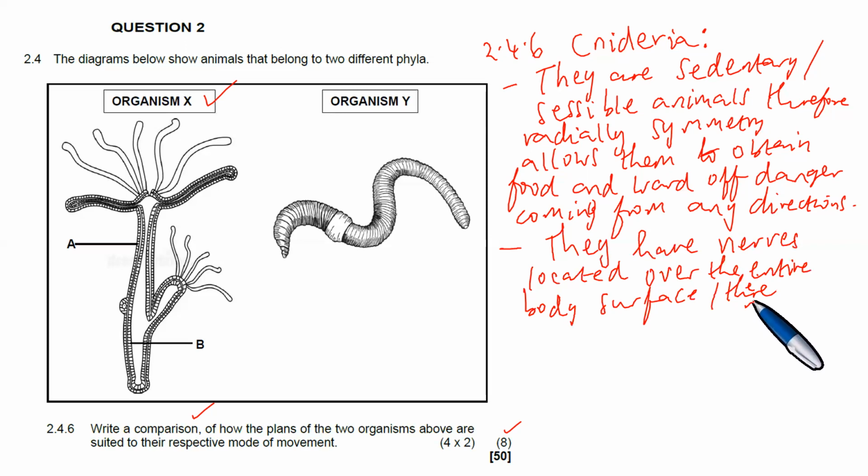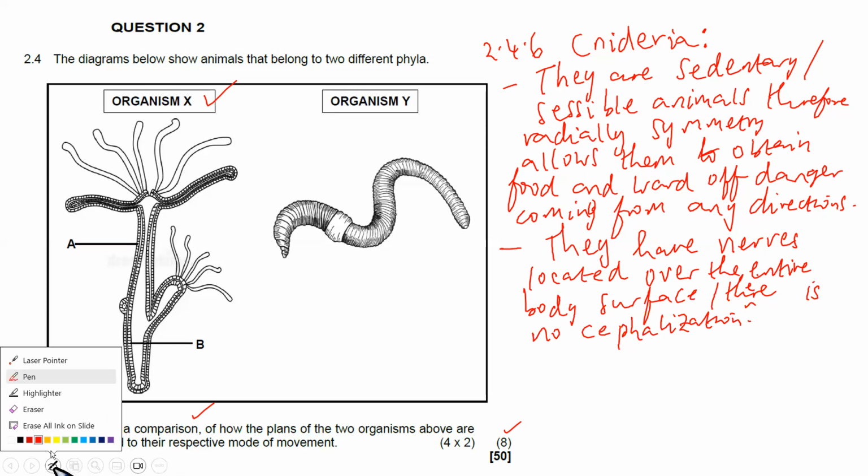There is no centralization. So what we are noting is therefore they have nerves located over the entire body surface. There is no centralization.